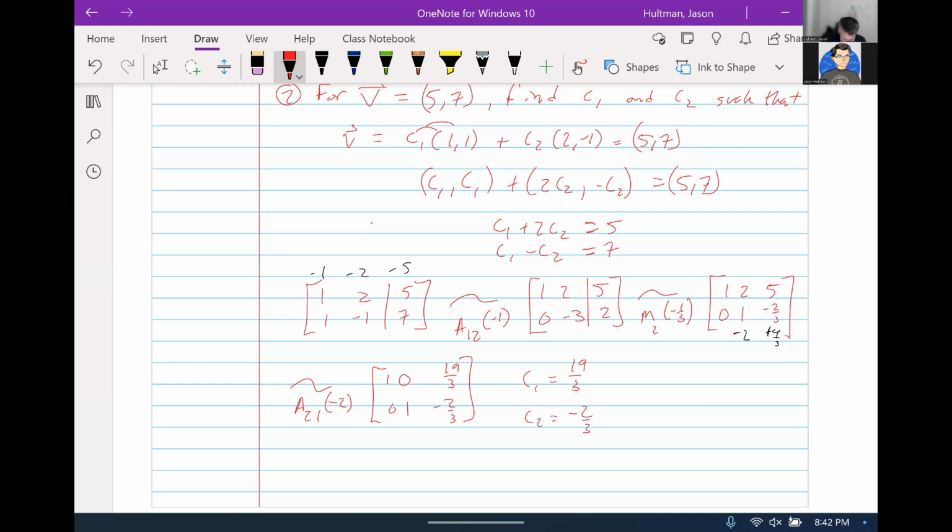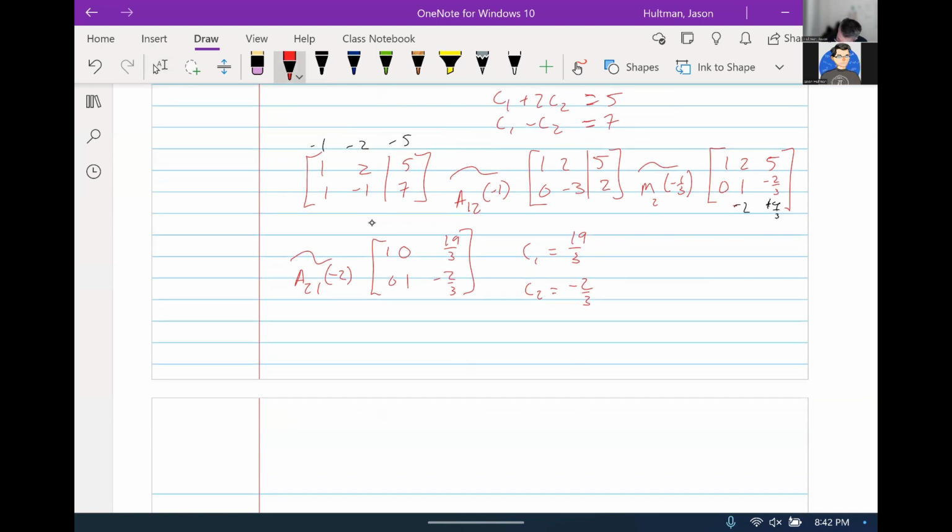And we can kind of check this. Do those coefficients turn my spanning set vectors into the vector that I was looking for?